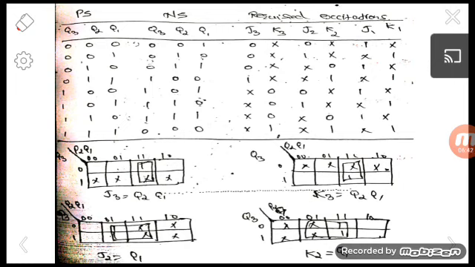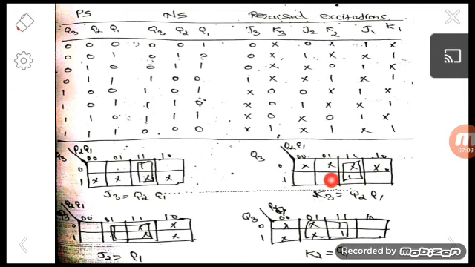It should be drawn, and by observing these values of J1 there are no zeros. There are no zeros in J1 and K1 here. All are 1s and x's, so we can group it as 8 ones. No zeros will be there in the K map, so all can be grouped as 8 ones.